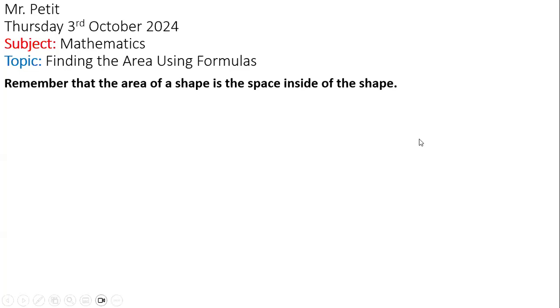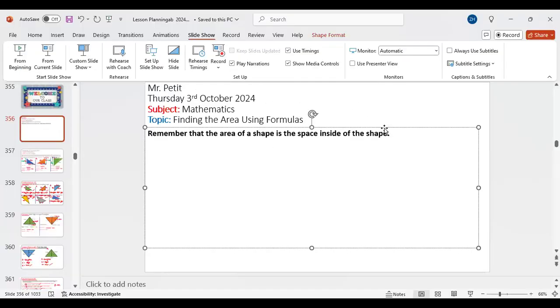Yes, sir. Okay. So we know that the area of a shape is the space inside of the shape, and that is different from the perimeter. Now, what we also know is that when we do not have a grid, we must use formulas to help us to find the area of the shape.